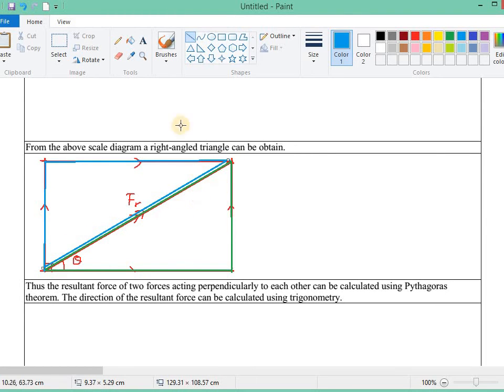You can get 2 right angle triangles, either here or here.